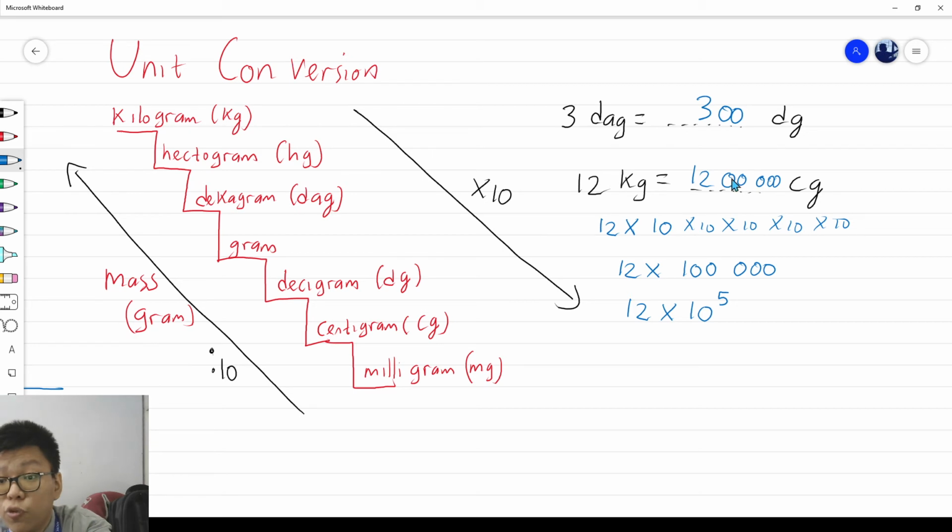But if you put a lot of zeros, please make it pretty. You can group 3 numbers and 3 numbers, so it will be easier to read. If you are typing it, you can type it like this: 1 space 200 space 000. This one will be easier to read.